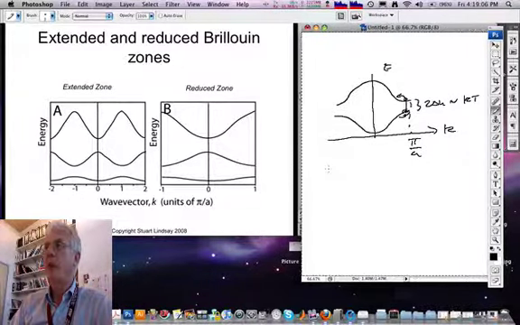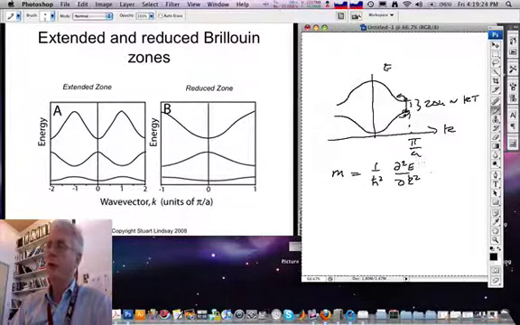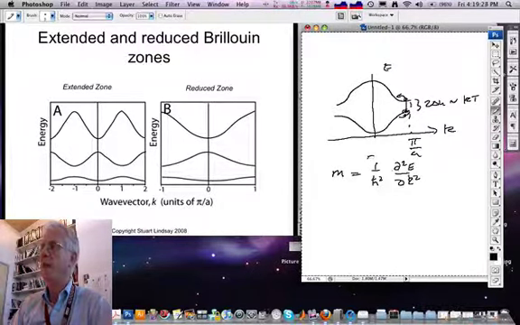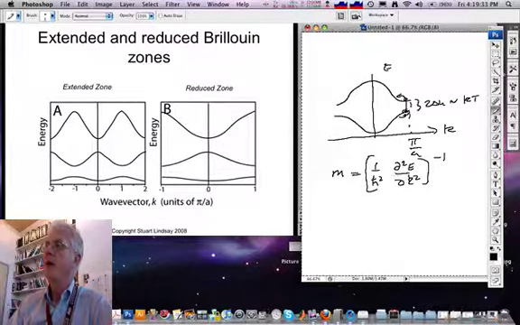One can show from the quantum mechanical expression for momentum that the mass of a particle is given by 1 over ħ² times d²E/dk², to the power of −1. This is trivially true for E equals ħ²k² over 2m. We're going to call this the effective mass, because that's what it is.